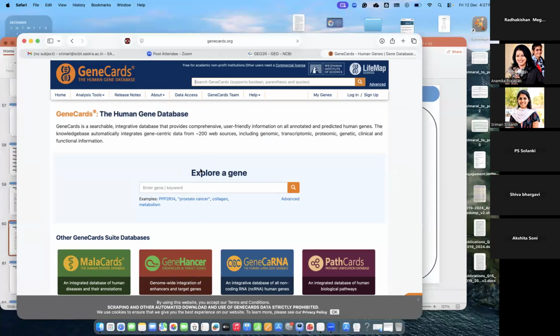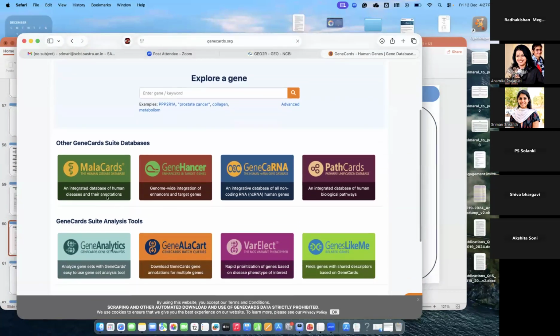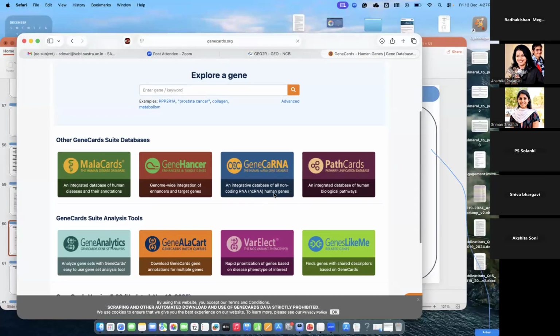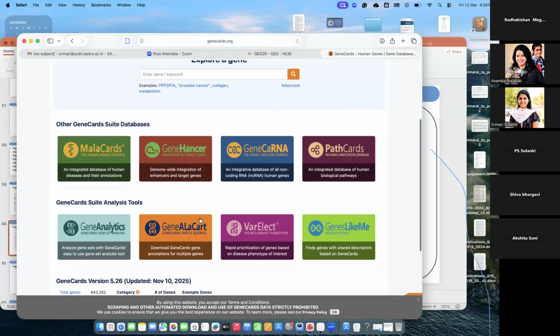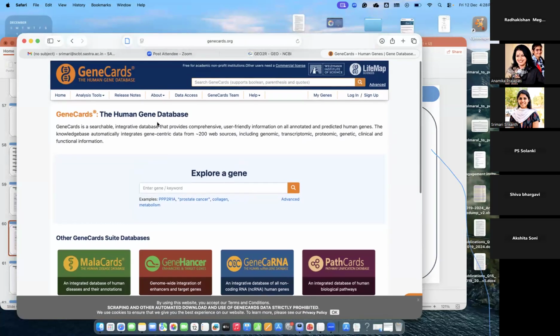They have human disease annotations and integration of enhancers for target diseases. And this is particularly for non-coding RNA human genes and annotations. So there are more annotation-based external links available in GeneCards. So the human gene database.